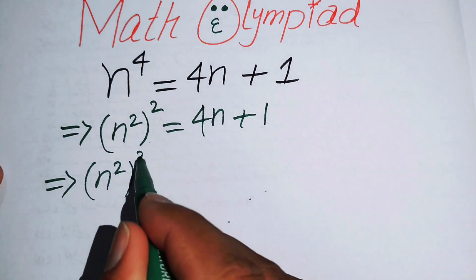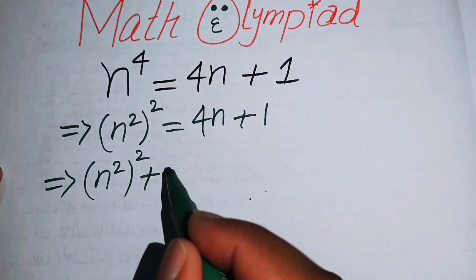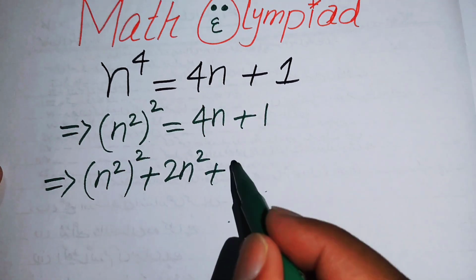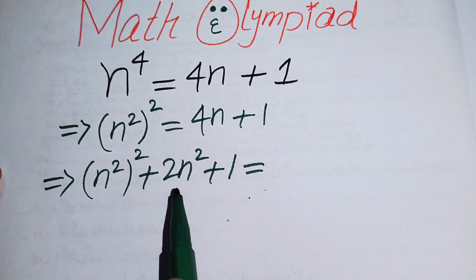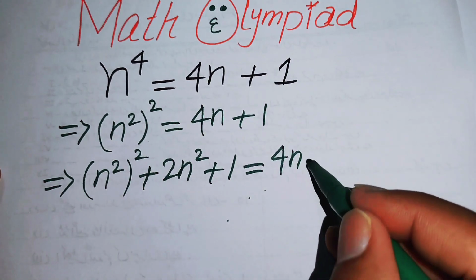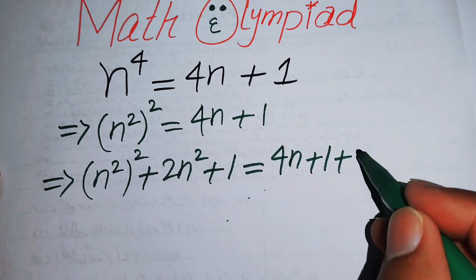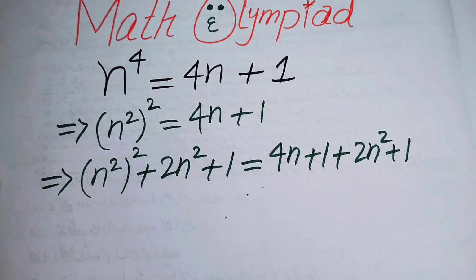n squared to the power of whole square, and I can add plus 2n squared plus 1 on both of the sides. So this is added on the left hand side, and we add this term on the right hand side, which is 4n plus 1 and plus 2n squared plus 1.